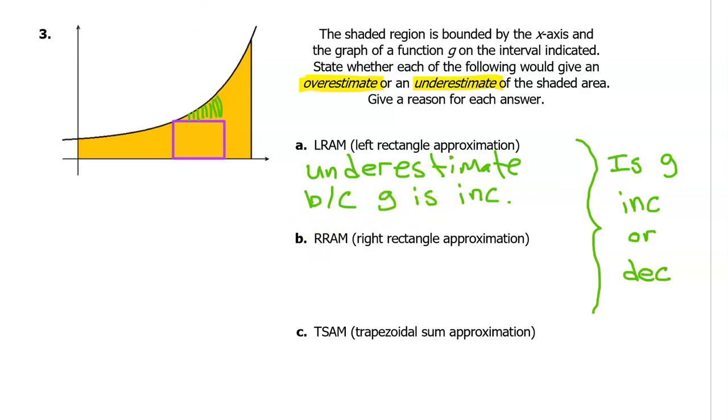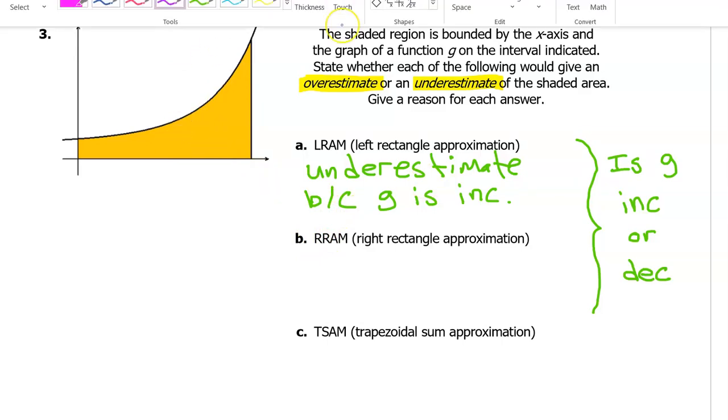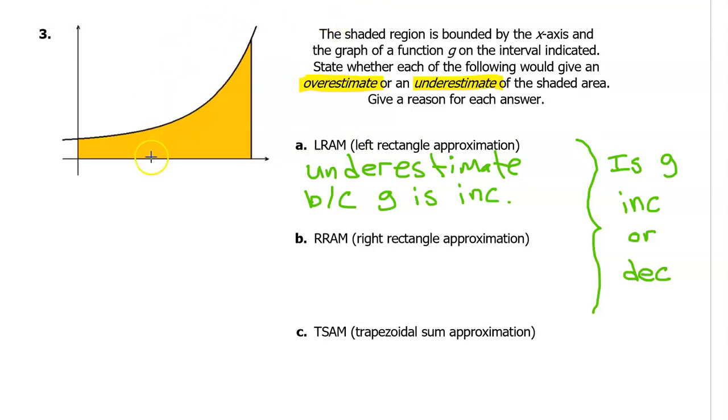What about right rectangle approximation method? So for the right rectangle method, it is the right side of the rectangle that is going to touch the function, like this. So you can easily see that this will give you an overestimate.